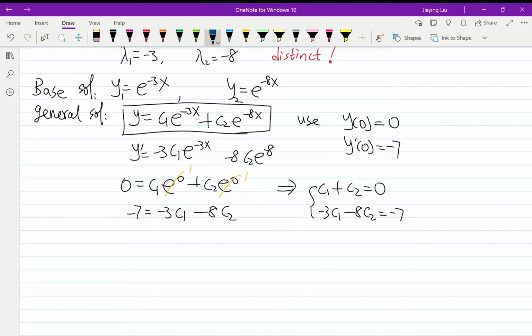I get 3C1 plus 3C2 equals 0. I add it to the second equation, so C1 becomes 0 and I get minus 5C2 equals negative 7. I can solve for C2, which is 7 over 5, and then C1 is negative 7 over 5.